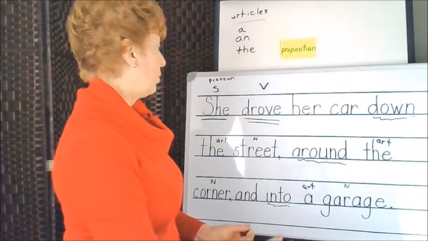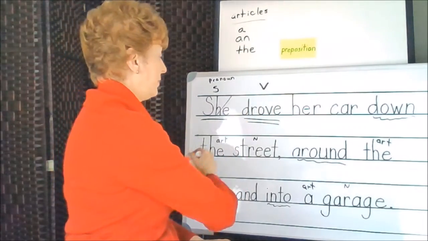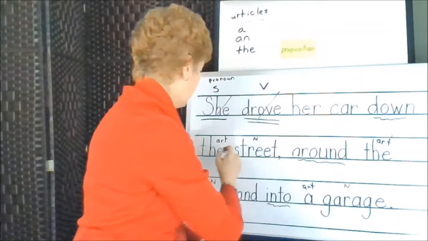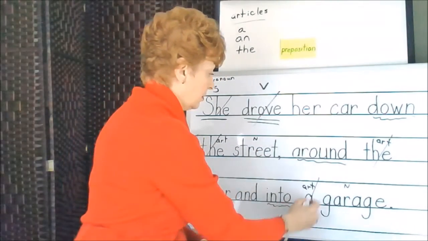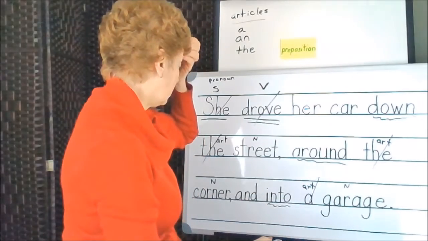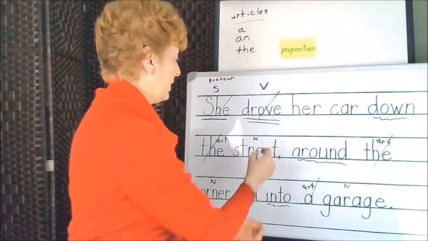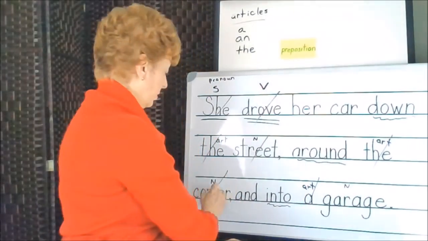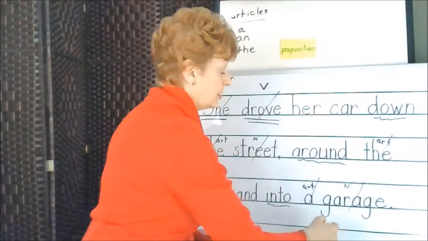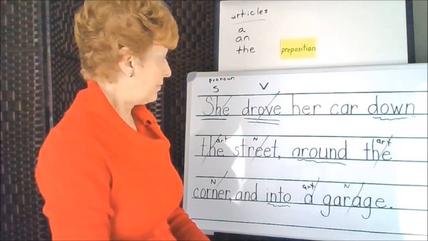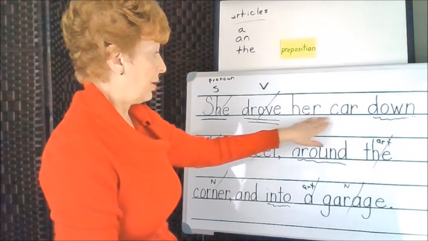So far, we have eliminated she and drove and the 3 articles, the and a, and then we've eliminated street, corner, and garage.